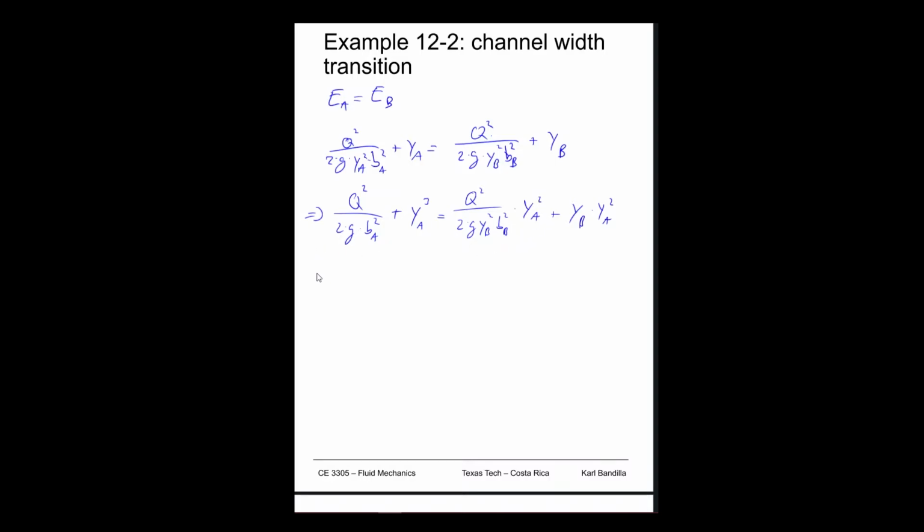Now if we reshuffle this into our standard form, if we start over here, we have ya cubed, then we have some square terms, but they're on the other side, so minus q squared over 2 times g times yb squared times bb squared plus yb.